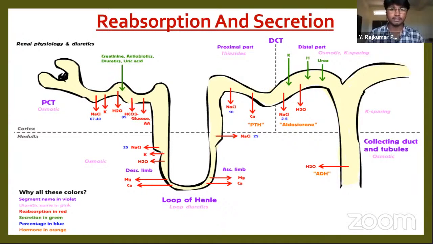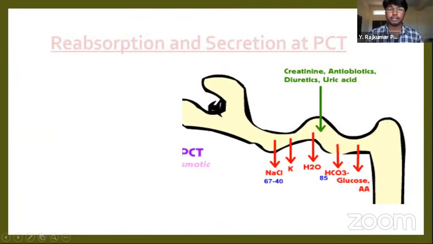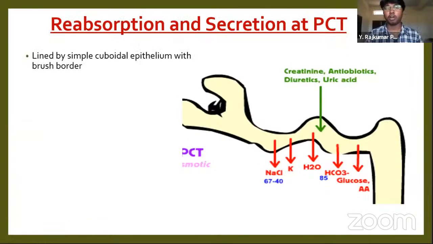Okay, dear students, first of all, the PCT, that means proximal convoluted tubule. This PCT is lined by cuboidal epithelium with the brush border. This brush border in the epithelium indicates more reabsorption.